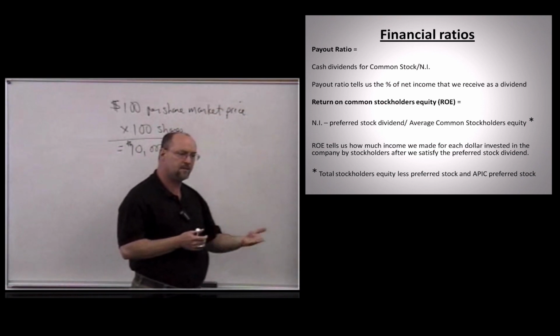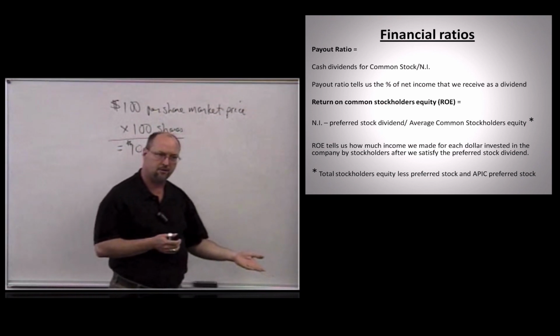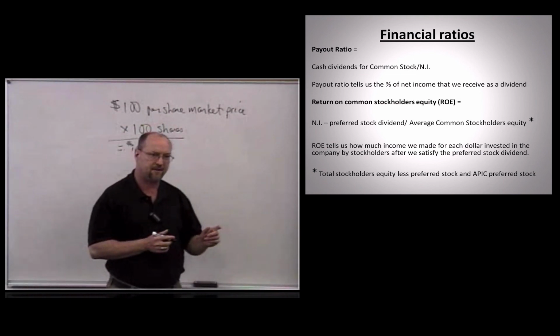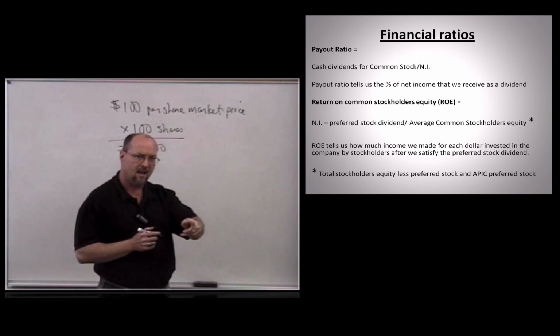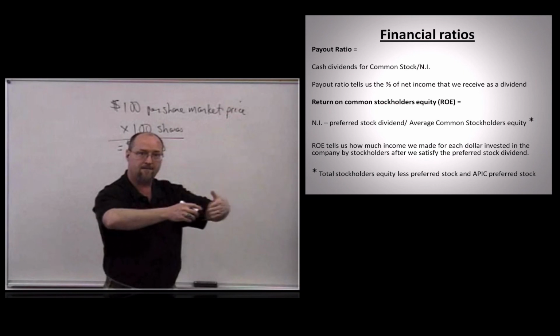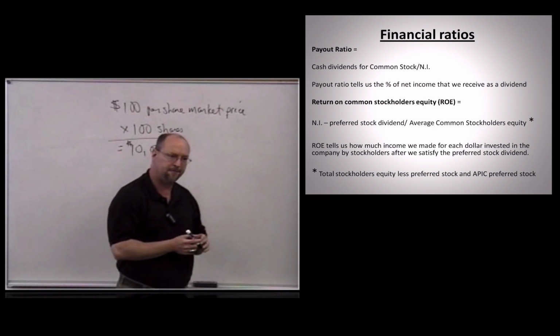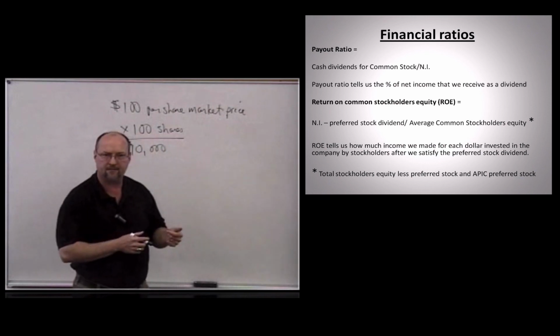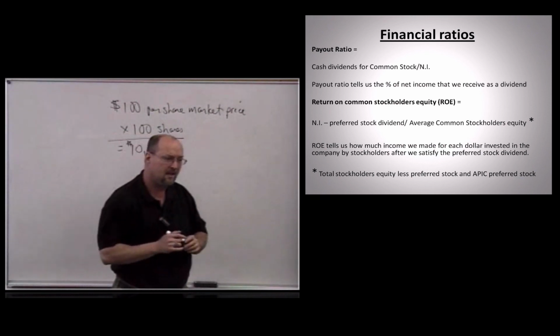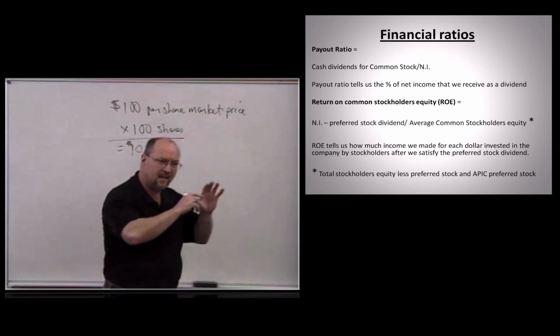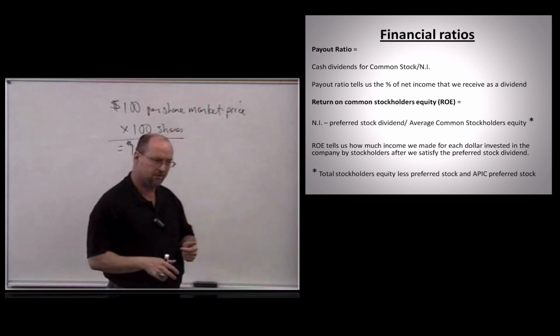And the real owners of the business are the common stockholders. So after we satisfy the preferred stock dividend, what's left of this year's profits are really for the common stockholders. Preferred is almost like we borrowed money from them, not quite, not from a legal standpoint. So we give them their dividend, and then we kind of exclude them from the party, so to speak.